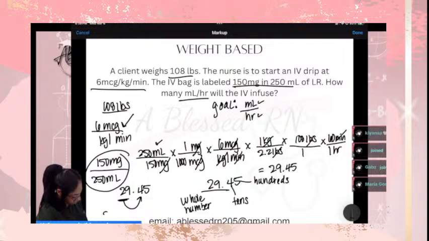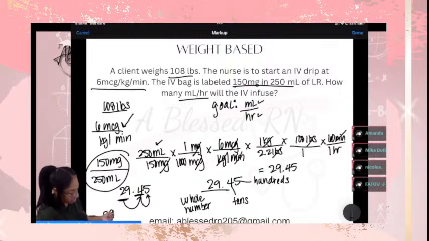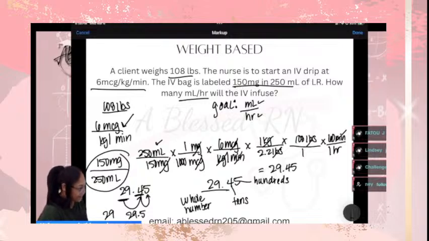So this would be 29 if you rounded it to the whole number. If it asked you to round to the tens place, remember, round right. So we go right here to the hundreds. If that is a 5 and above, you would increase that number by 1. So it would be 29.5. Okay? I like rounding.